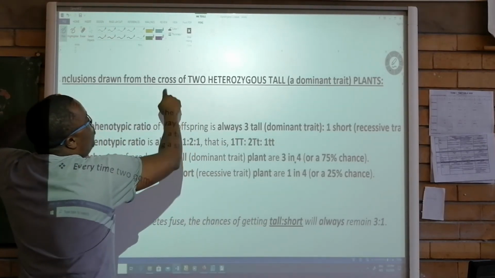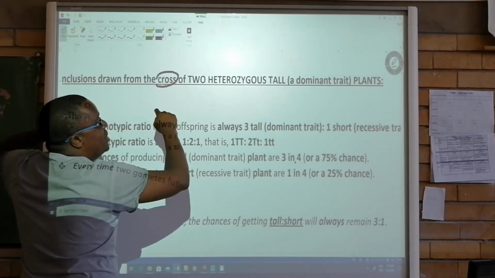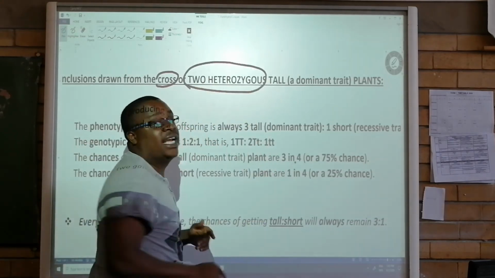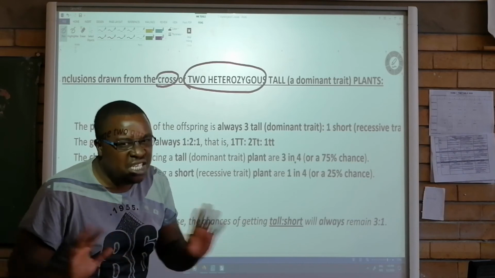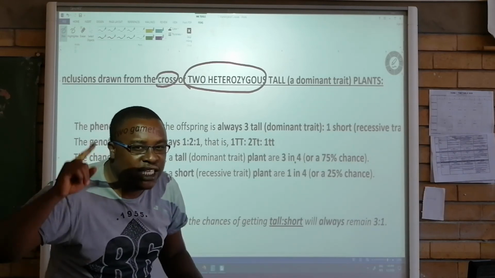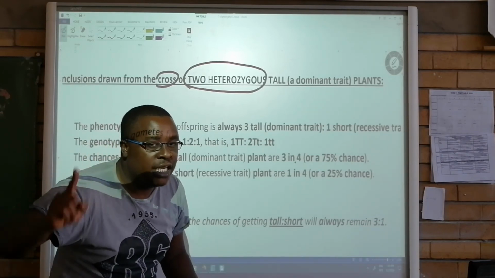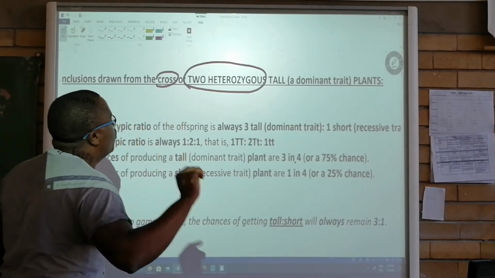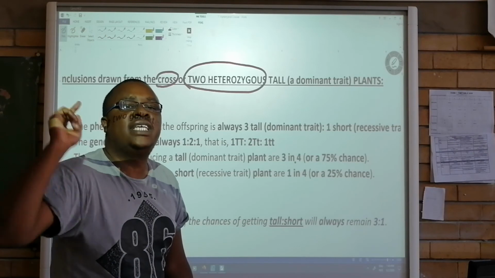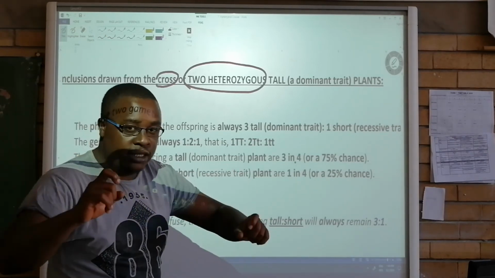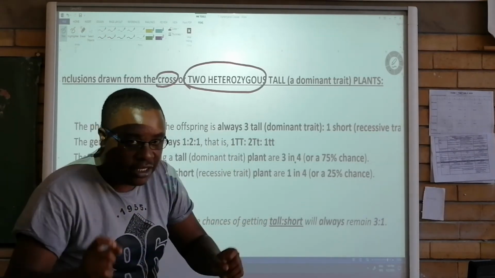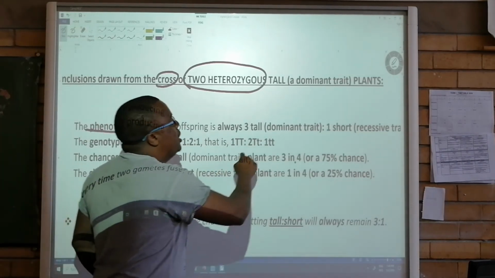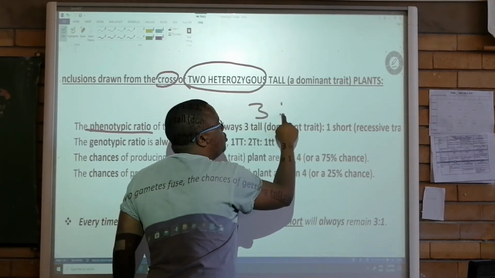Conclusions drawn from a cross of two heterozygous characteristics: as long as the characteristic is exhibiting complete dominance, every time you cross two heterozygous individuals for a particular characteristic, you are always going to get the phenotypic ratio being 3:1.